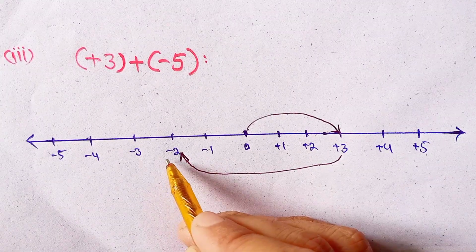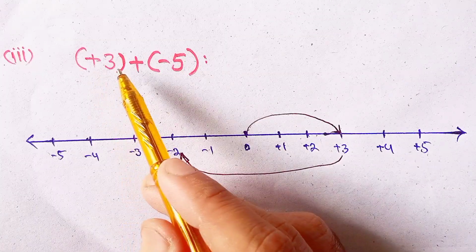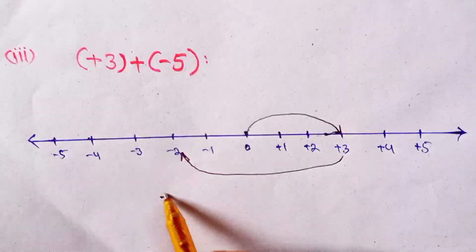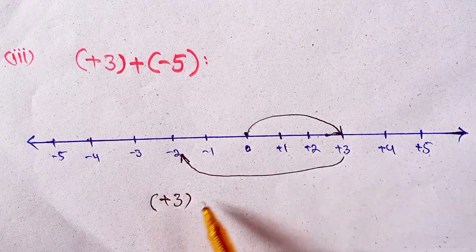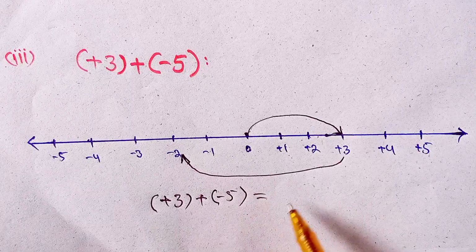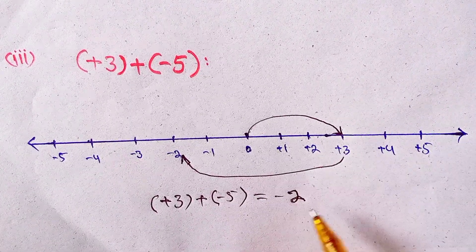Right, so this is our answer. Whenever we are adding negative 5 with positive 3, we will get negative 2. So positive 3 plus negative 5 equals negative 2. Right, that is our answer.